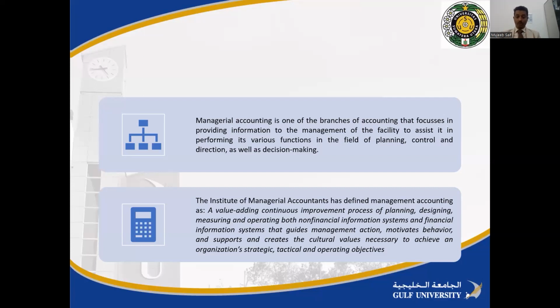So we will provide information to management in order to help them make decisions to perform their functions. And there is another definition by the Institute of Managerial Accountants, which is similar to what we explained before.